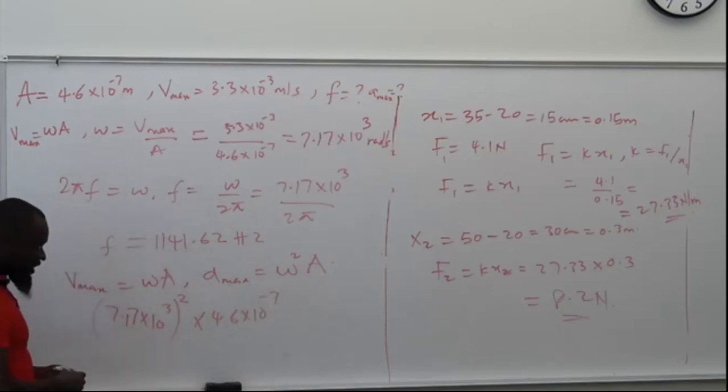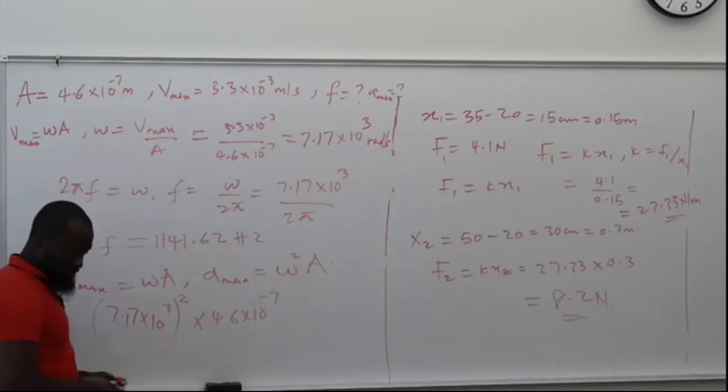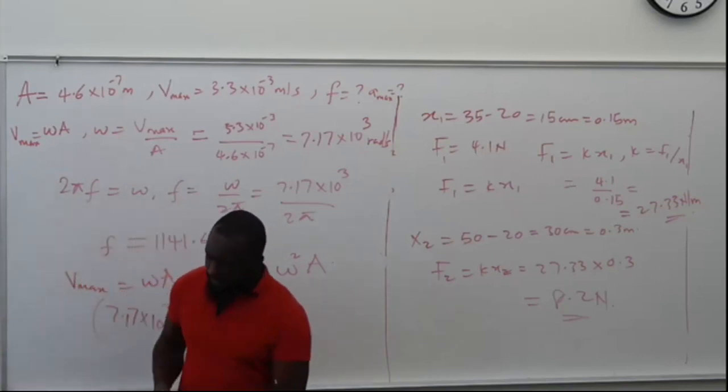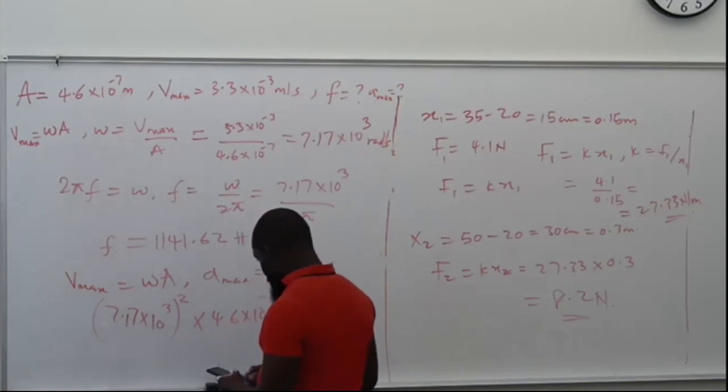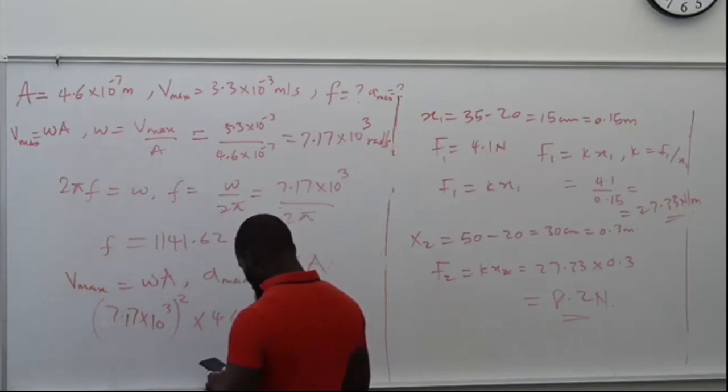Okay, so we do that really quick and see what that gives us. So 7.17 squared times 4.6.